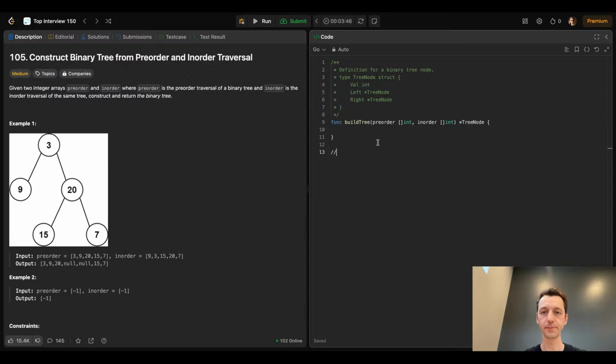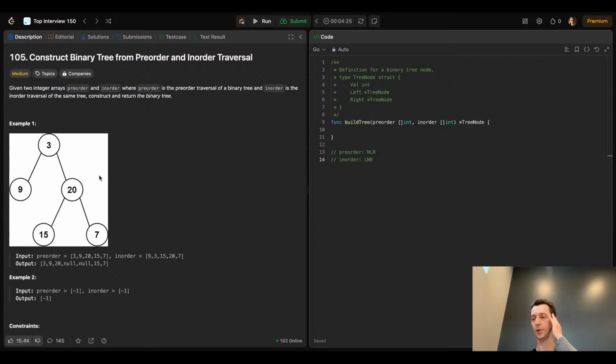And inorder looks like we start with left, node, right. So preorder is node, left, right. Inorder is left, node, right. Because left, what, 9, 3 node, but before we get that node, we again get left, node, then right.